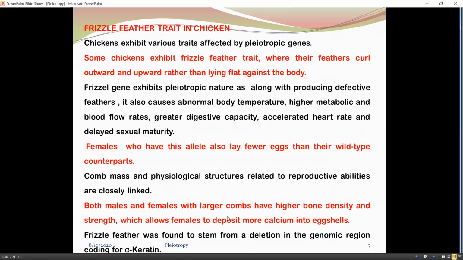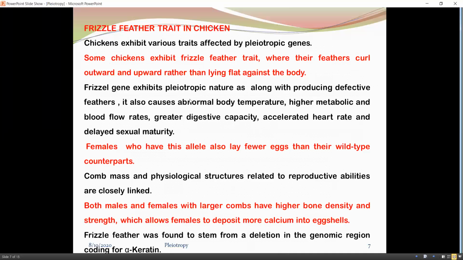Frizzle feather trait in chicken. Chickens exhibit various traits affected by pleiotropic genes. Some chickens exhibit the frizzle feather trait, where their feathers curl outwards and upwards rather than lying flat against the body.